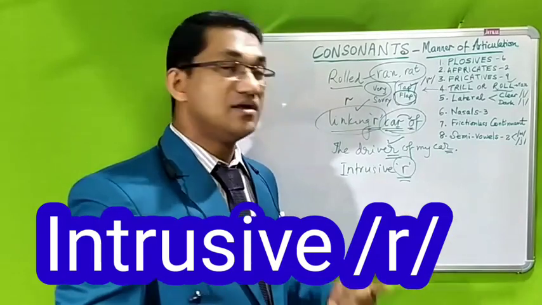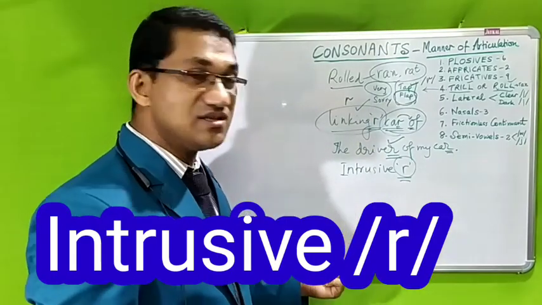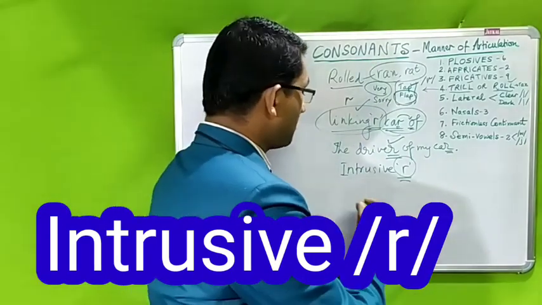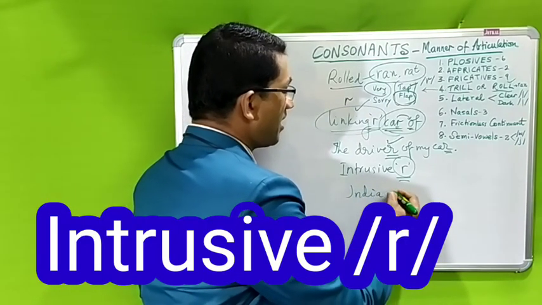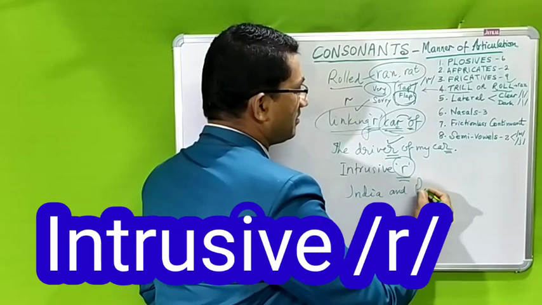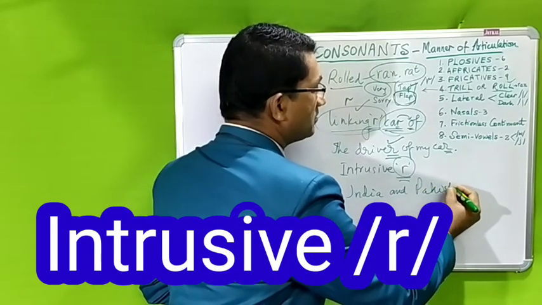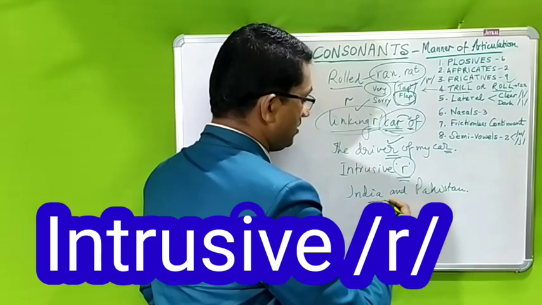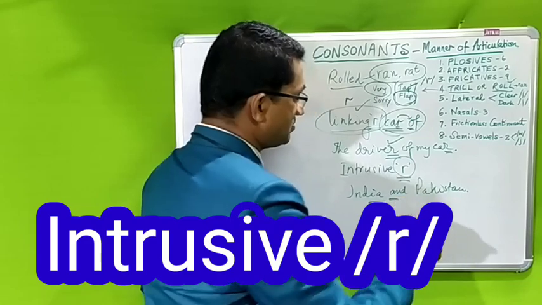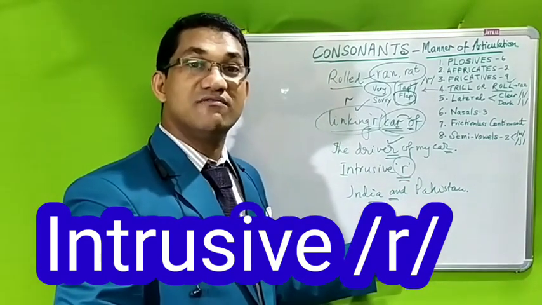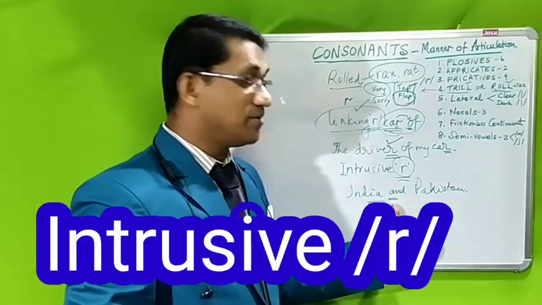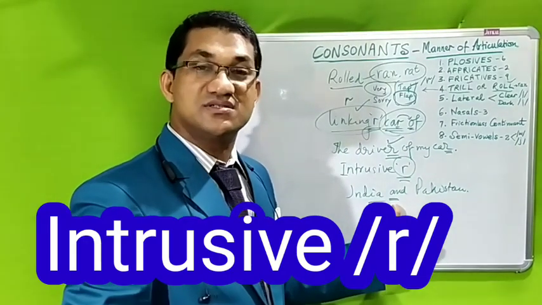Say for example, when these people say something like India and Pakistan, we have one word ending with a vowel sound, another word beginning with a vowel sound.